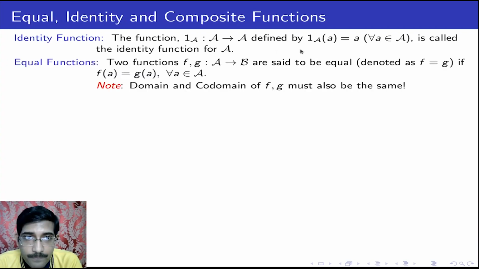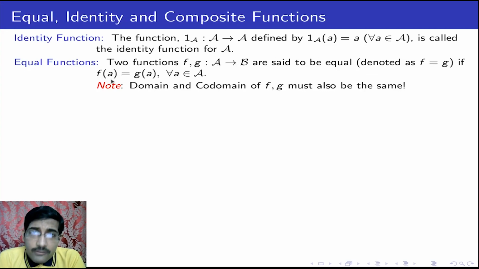We call two functions equal when, we say f and g from A to B are said to be equal, and we write it as f = g, if for every value of a from the domain, I get the same association from the codomain. For every a, f(a) and g(a) are the same. However, you may have declared functions such that f(a) and g(a) are the same, but their domain and codomain do not match. You cannot call them equal.